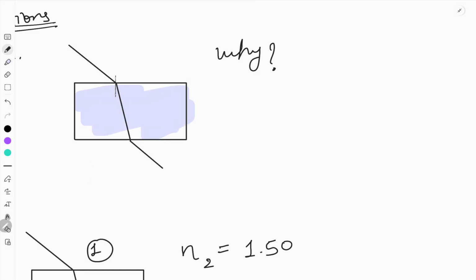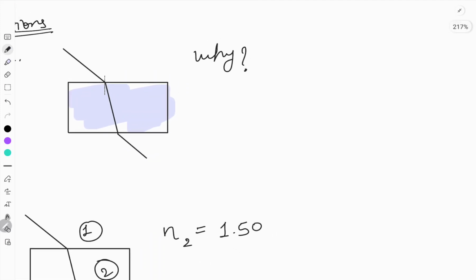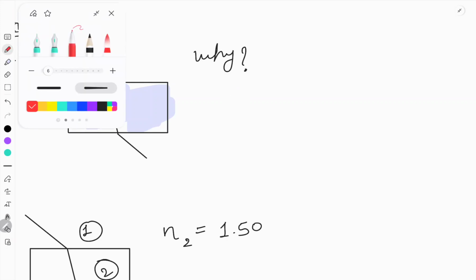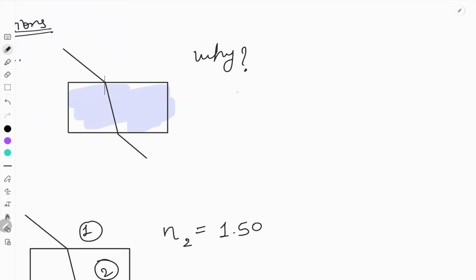To answer this why question, we can say that glass is an optically dense medium, and glass is optically denser than air. This was air and this was glass. So because it's optically denser, the light will bend towards the normal.